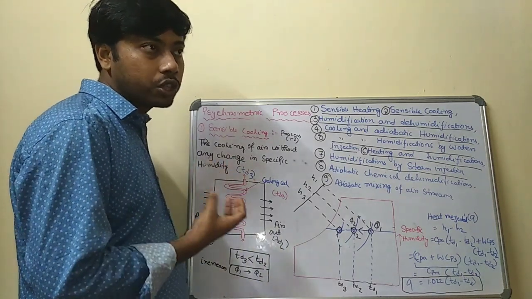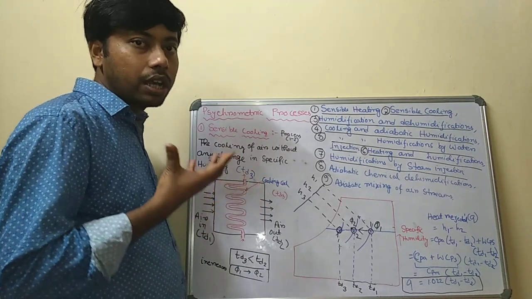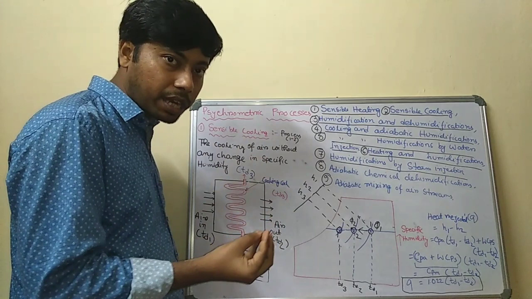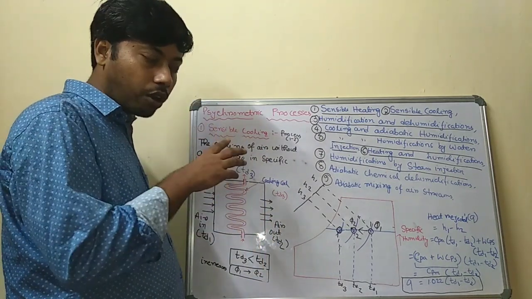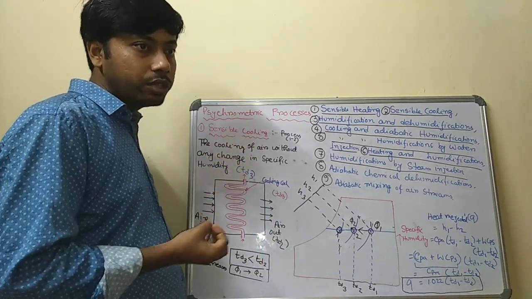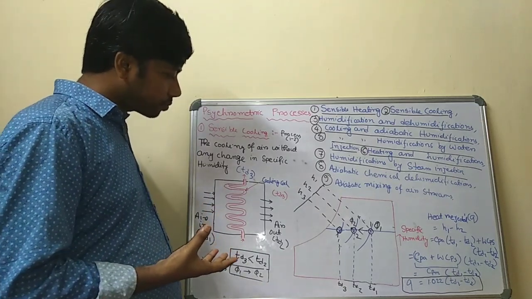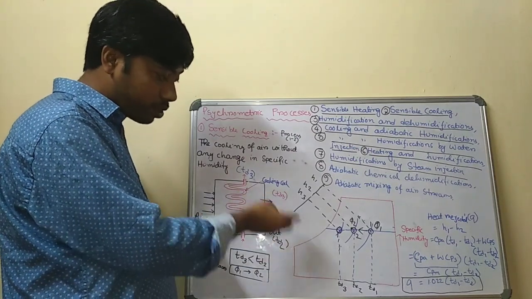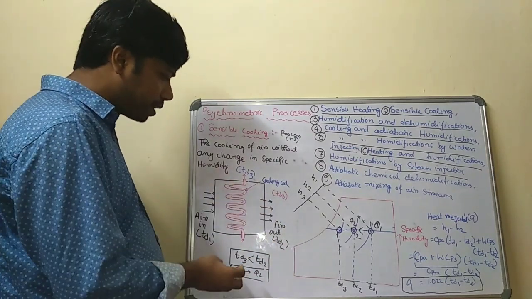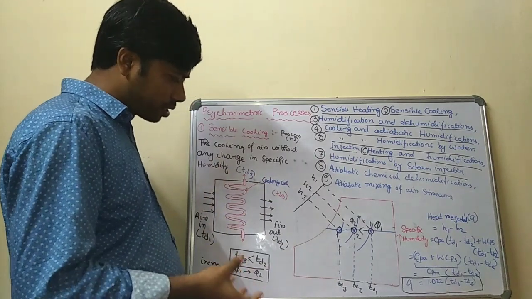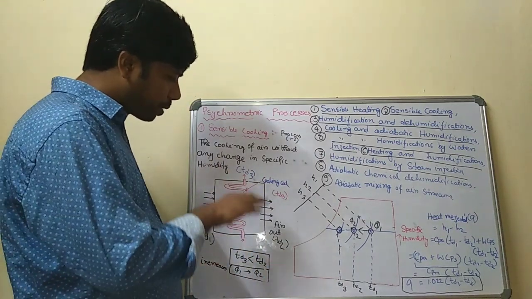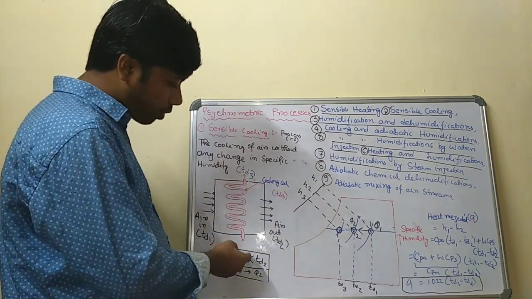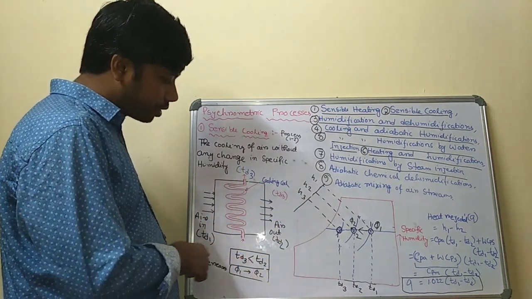The temperature of that portion of air decreases, but not all of the air. Some volume fraction of the air is reduced in temperature, but not up to 100%. So obviously TD2 is greater than TD3 in this case.